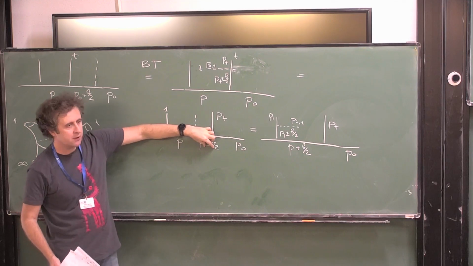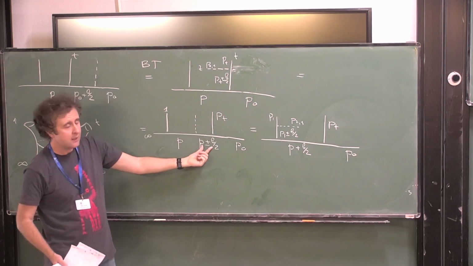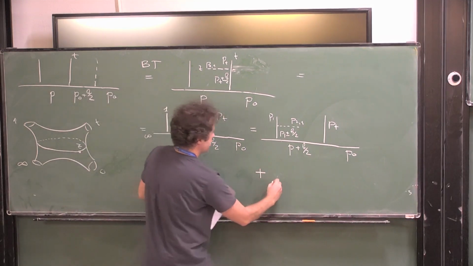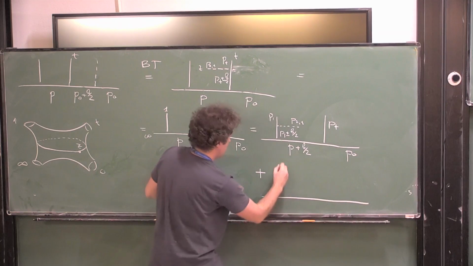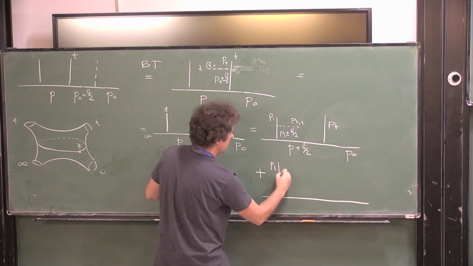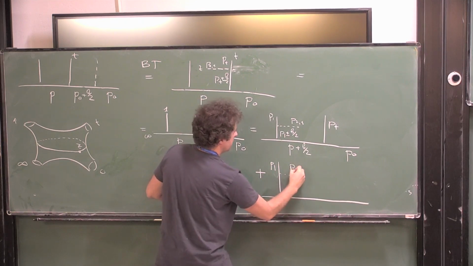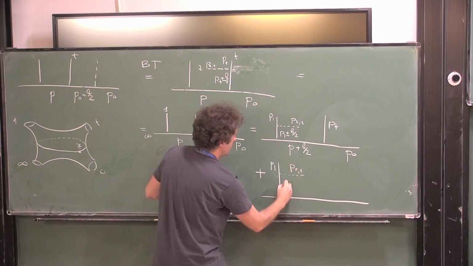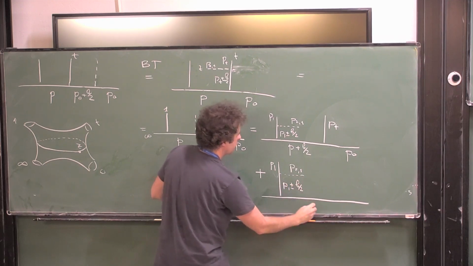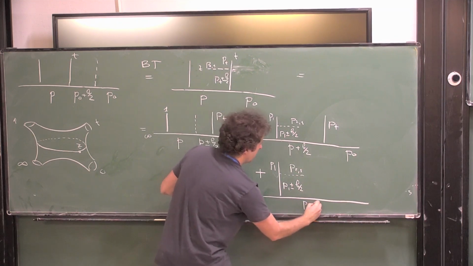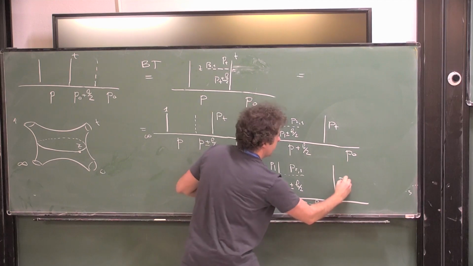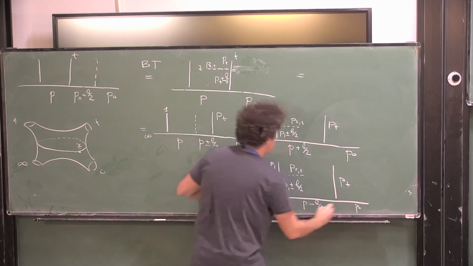But we also have the conformal block with a minus sign, which will contribute as V21, P1 plus or minus b over 2, P minus b over 2, P and P naught.